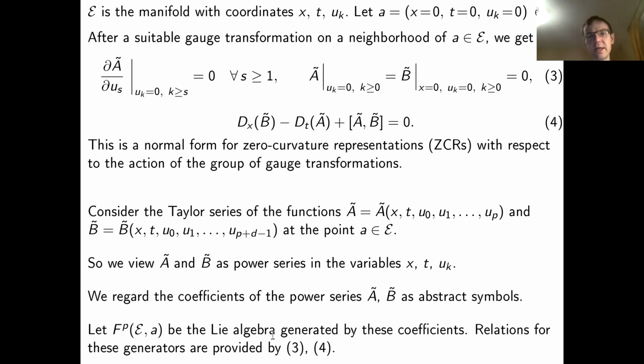FPEA is the Lie algebra generated by those coefficients regarded as abstract symbols. So the coefficients of the power series A tilde and B tilde are generators of this Lie algebra, and relations for the generators are provided by all those equations. Okay, so as a result, we get the Lie algebra FPEA given in terms of generators and relations.